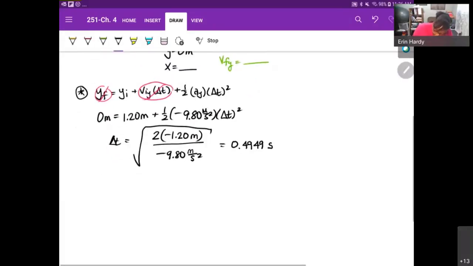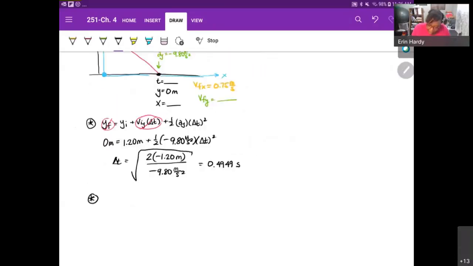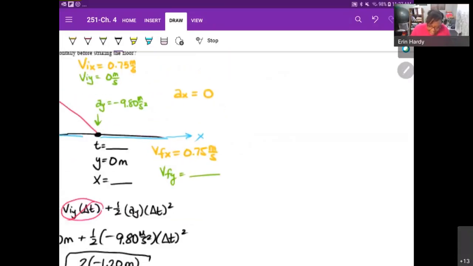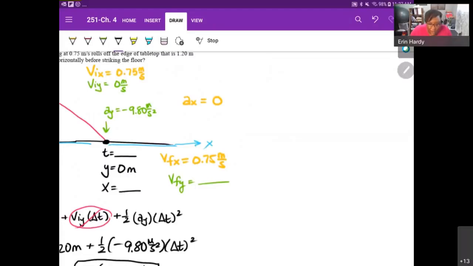So now let's use the horizontal kinematic equation for position. And again, since I know that the acceleration is 0, I know that Vfx and V initial x are exactly the same. That second kinematic equation is not going to be of much help to us.